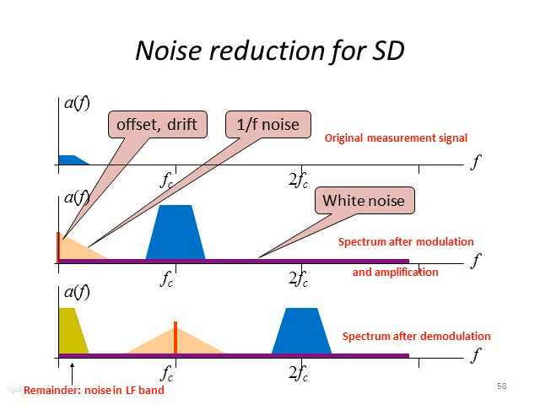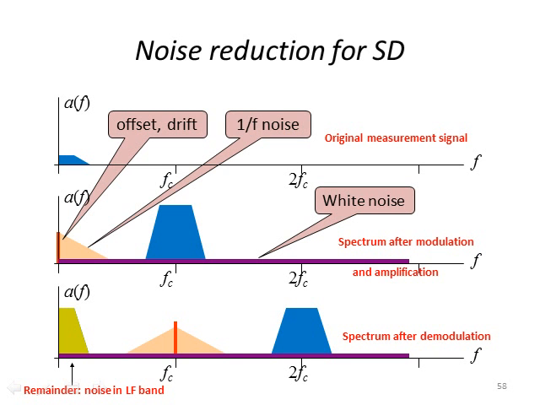So the noise reduction using synchronous demodulation is shown in the 3 plots on slide number 58. The top plot is our original measurement signal, and all of these plots are in the frequency domain. We see our original measurement signal is the blue spectrum located at our original location.